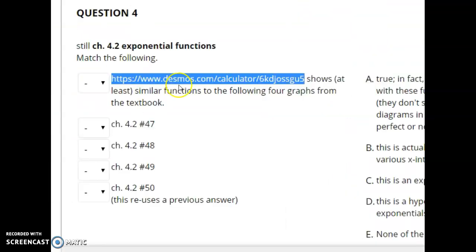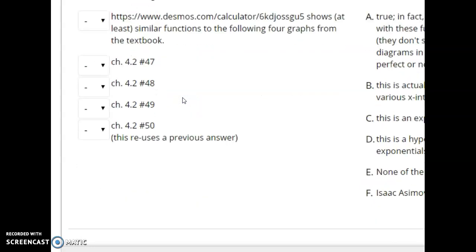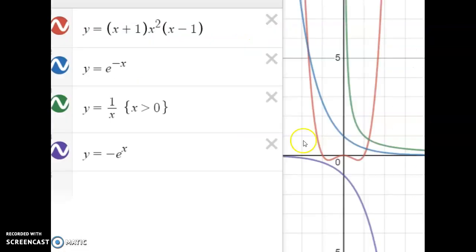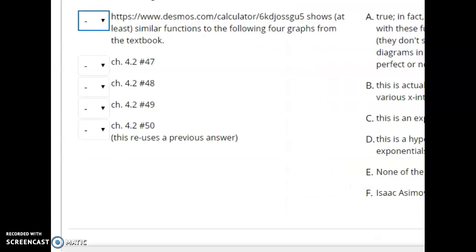And the hint is that, yeah, that's the way they are in the book. Off the top of my head, they're kind of in the correct order, but notice that one of them reuses the previous answer. So a couple of these four are exponentials. And when you look at Desmos, you can see which ones. I believe it's these here, obviously, as the equations suggest. And these are the diagrams that you actually see in the book.